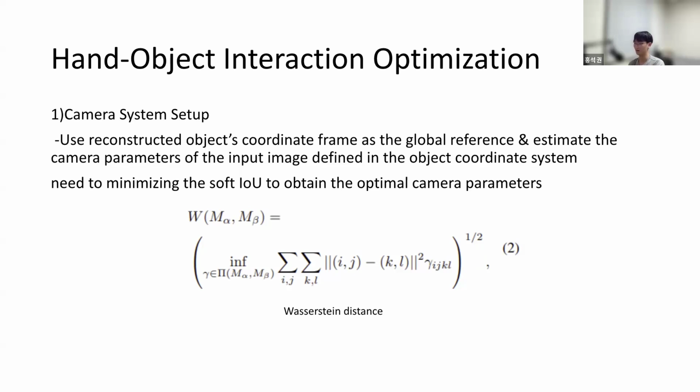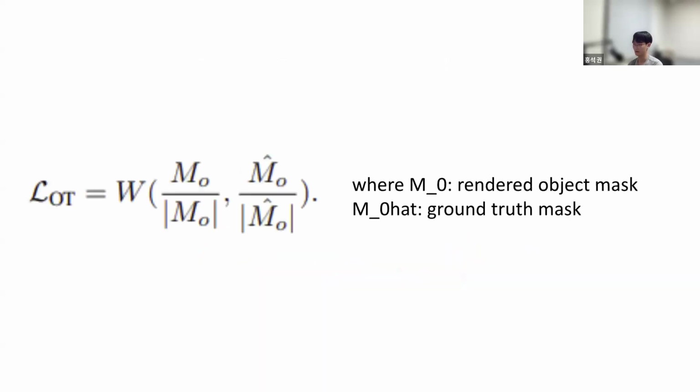To get the optimal camera parameters, it needs to minimize the soft IOU. So they use Wasserstein distance, a method that measures the distance between two probability distributions. This distance between rendered and ground truth masks is used to get an optimal transport loss, and combining this with IOU loss gives optimal camera parameters.